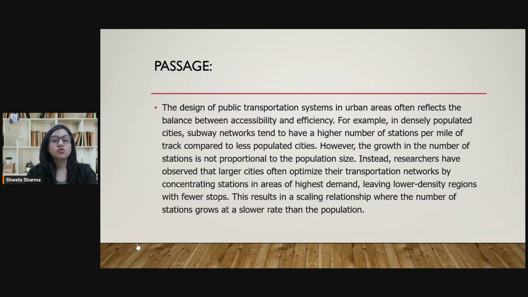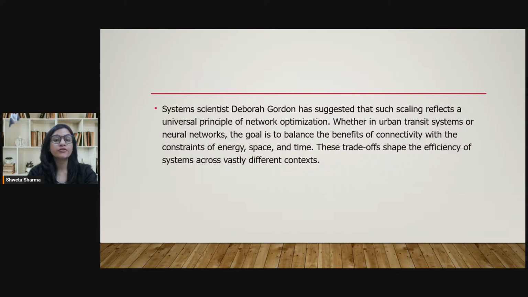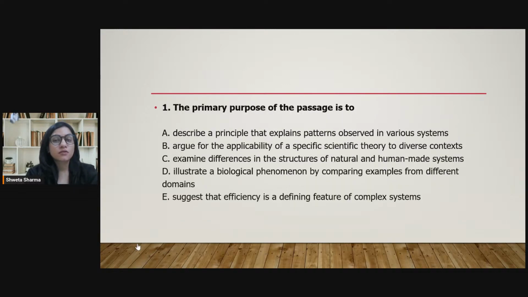Okay, so let's go back to the question. Tell me, guys, what is the answer? I see only a few answers so far. More to come in the chat box, guys. Please comment here. Describe a principle that explains patterns observed in various systems.